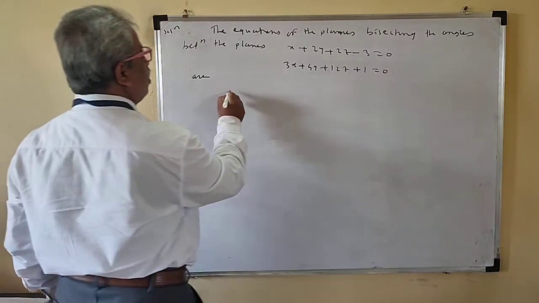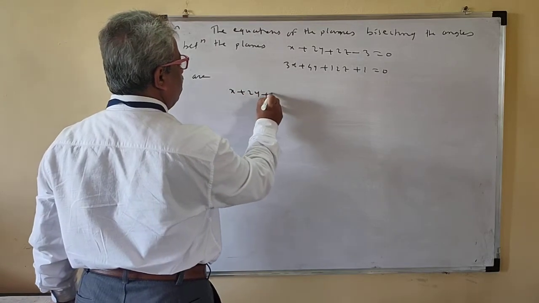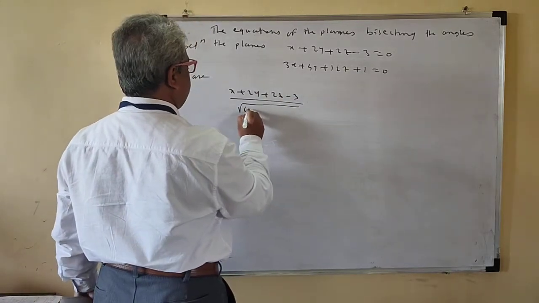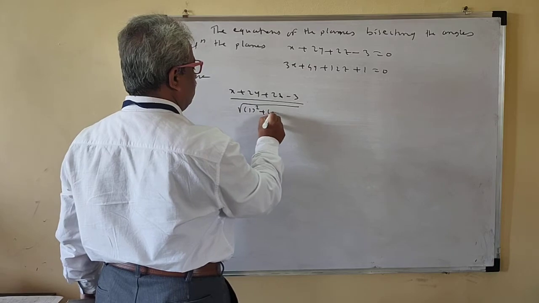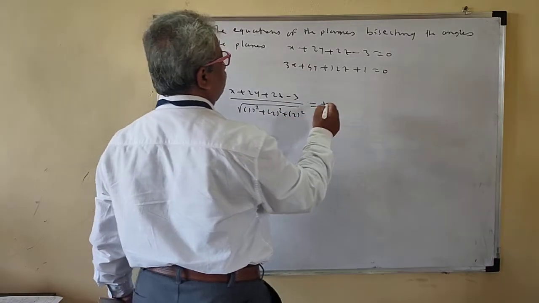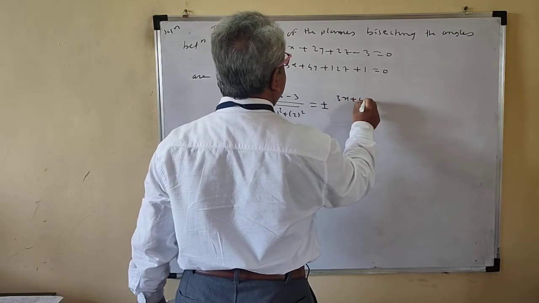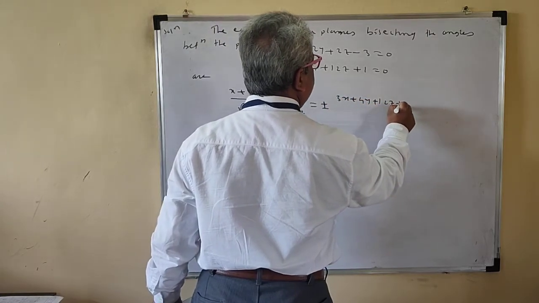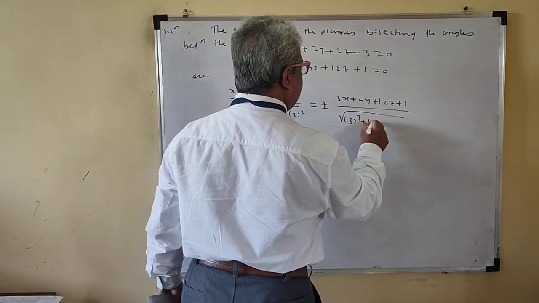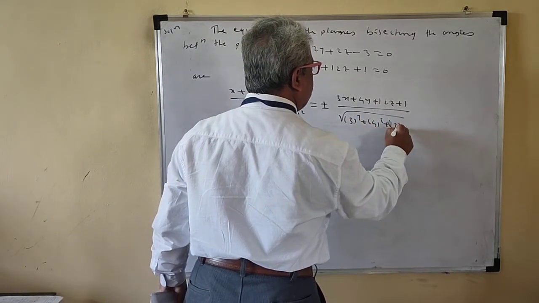So first plane is x plus twice y plus twice z minus 3, upon the square root of the sum of the squares of the coefficients, is equal to plus or minus the second plane, written in the equal to 0 form, upon root of 3 square plus 4 square plus 12 square.